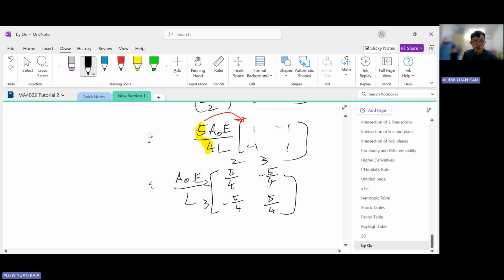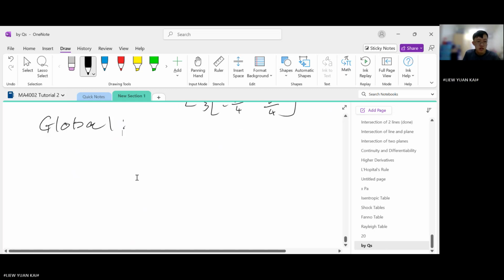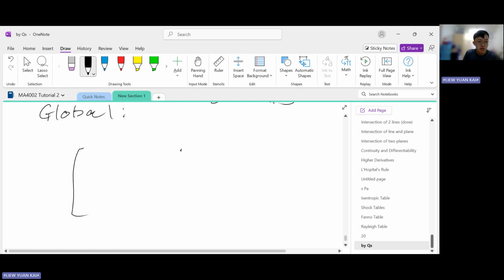Yep. So now you can write the global equilibrium equation. Because there are 3 nodes, we have a 3 by 3 matrix.